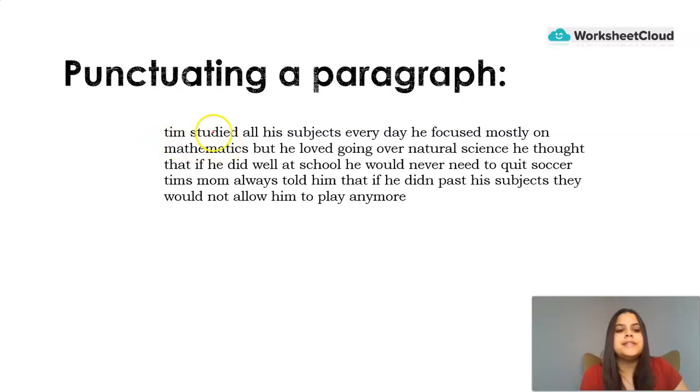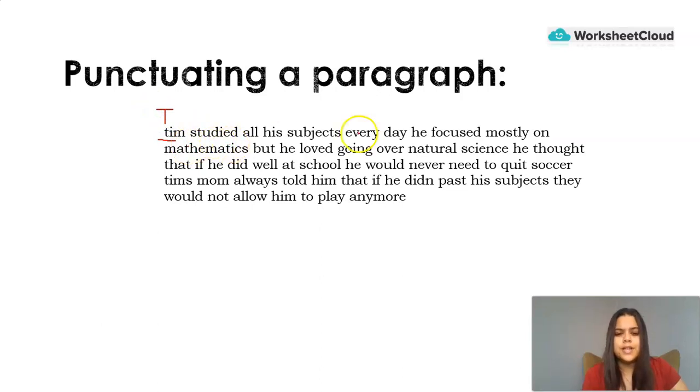We know that sentences begin with a capital letter, but besides that, Tim is also a proper noun. So we already know that Tim must be a capital letter. Wait, let me erase that quickly because that makes it look like an I. Okay, so I'm going to underline Tim there because now we know that that needs to change, okay? And that needs to be a capital letter T.